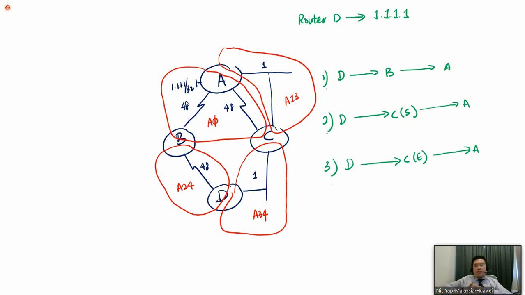So what do you think? Is it number 1, number 2, or number 3? Which will be the answer for router D going to router A? Can anyone give a response from here? Number 3. Someone says number 3.